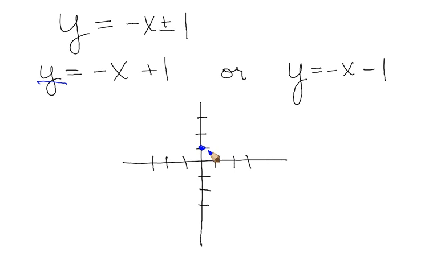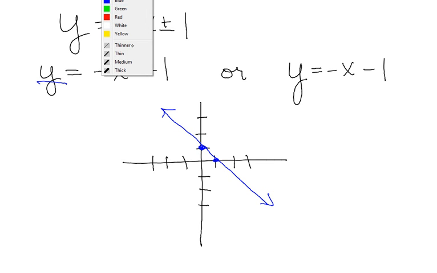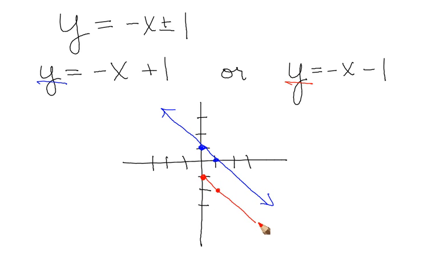Then we're going to connect these dots, and that will be the graph of our blue line. Okay, let's do the other line in red. And this one, the y-intercept is -1. And then the slope is the same thing. Okay, that's really important. We have parallel lines here. So we're going to go down 1 and right 1, same as we did before. And connect our dots, put our arrows. Okay, so we get our two parallel lines.